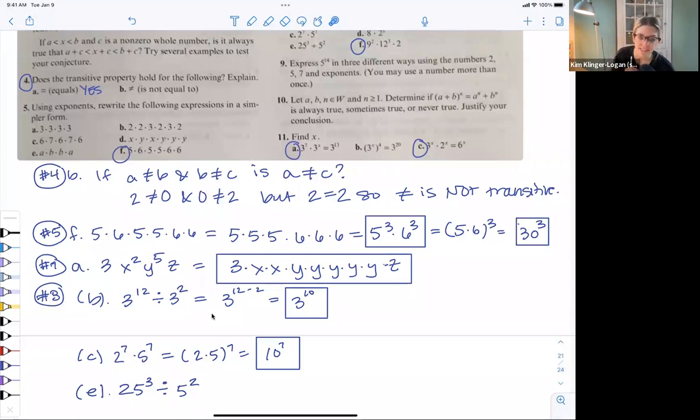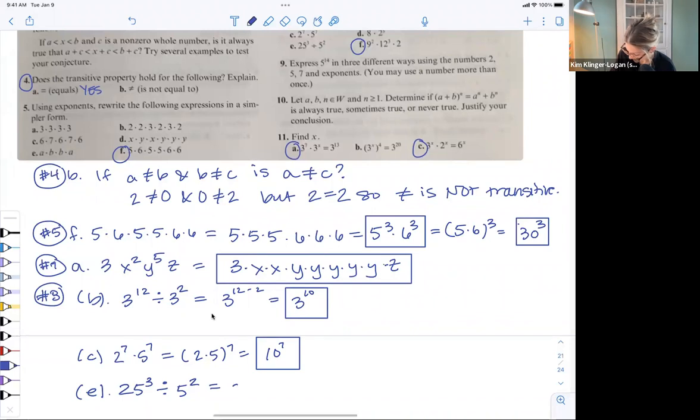So when something like this happens, where my bases are not the same and my exponents are not the same, what I want to try to do is rewrite the base if I can. So there's a couple different ways that I can do this. I could write 25 as 5 squared in parentheses, or I could write this whole 5 squared as 25.